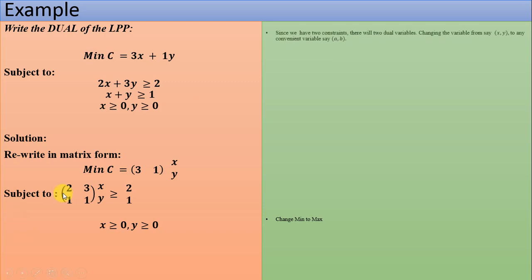The next step, since we have 2 constraints, we need to determine the number of constraints that we have. We have 2 constraints, so definitely the dual will have 2 variables.